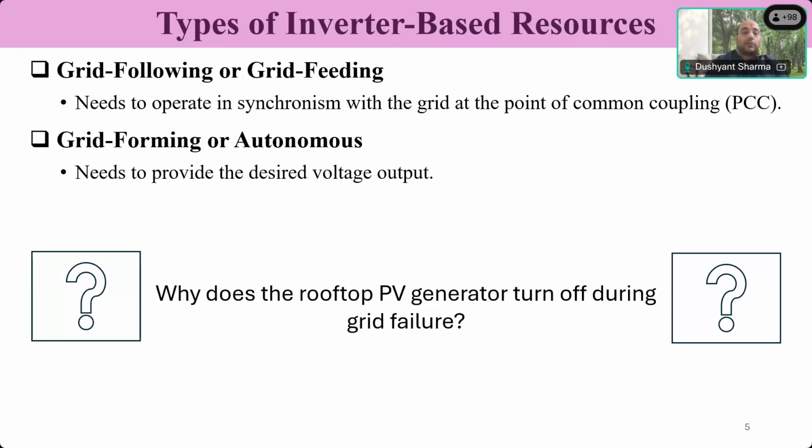We don't know what the voltage is. We don't know at what voltage to synchronize it. We don't know what current we should inject. It's better for safety to turn it off. So the inverter will turn off even in complete good bright sunlight. So the PV will also stop working. That is why it is important to understand how a grid following inverter works and how a grid forming inverter works.